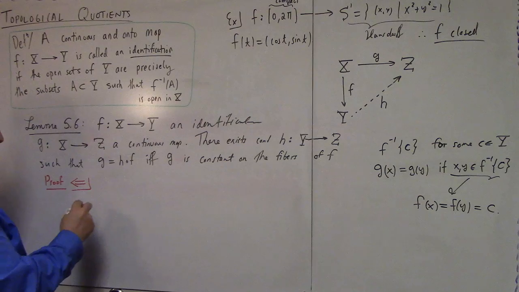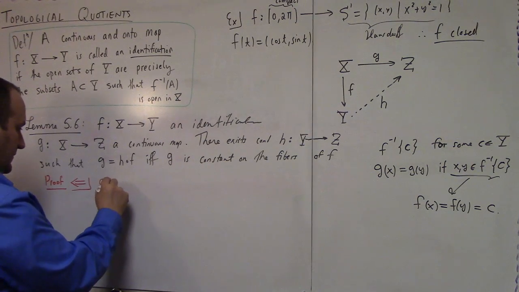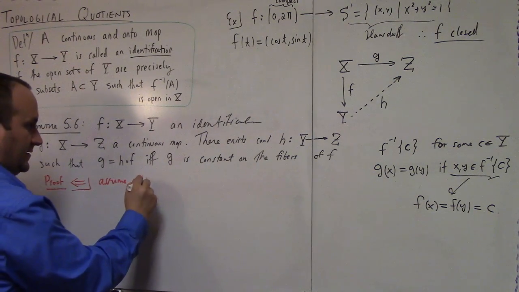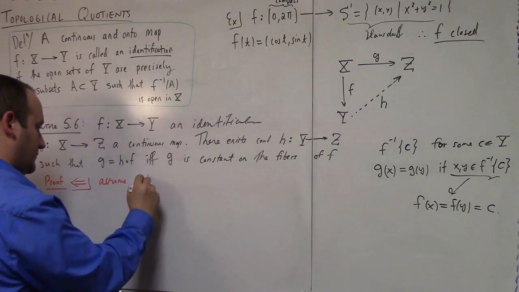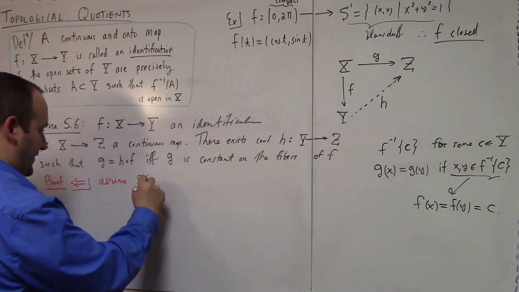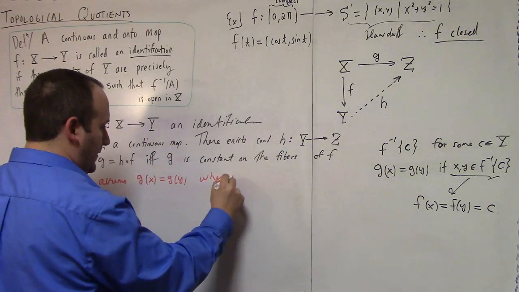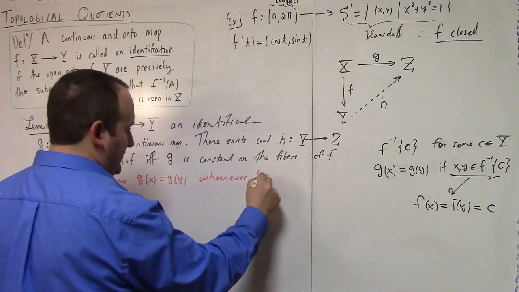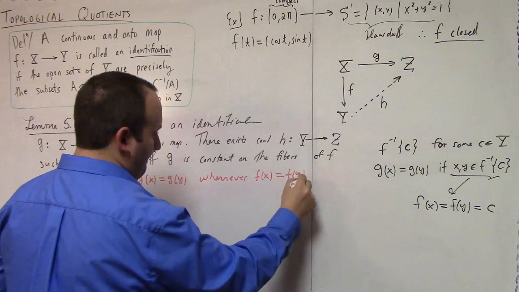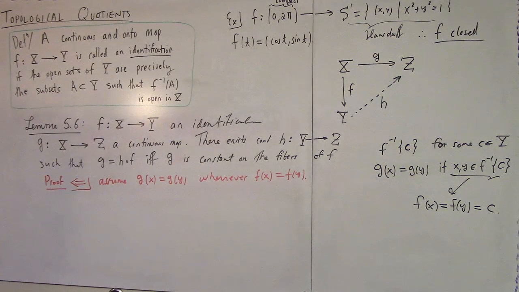So assume g of x is equal to g of y whenever f of x is equal to f of y. Now we have to construct this h.